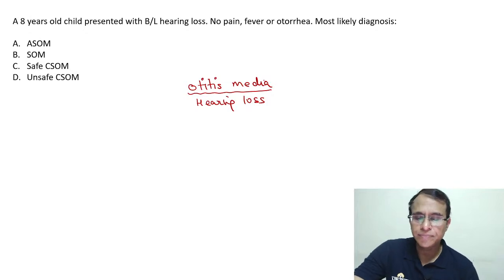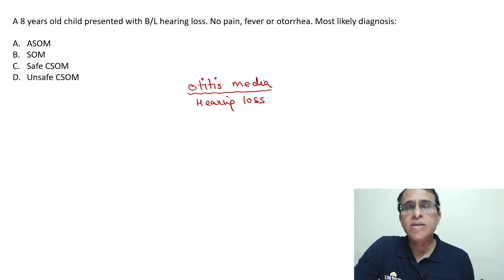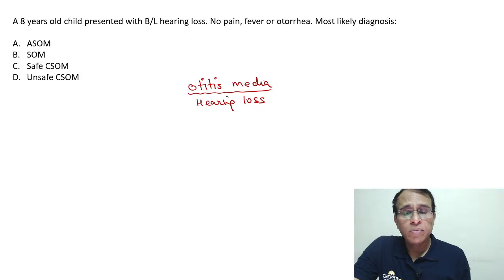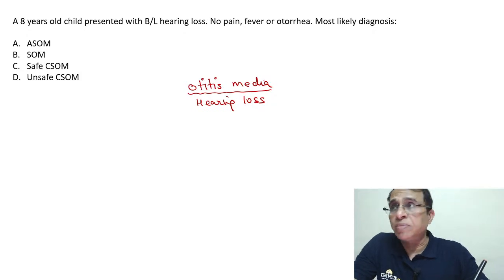In fact, in most ear diseases, hearing loss will be one of the complaints. If you know it is otitis media and the patient tells you I have a hearing loss, it gives you no other clue. Every type of otitis media will have hearing loss. So you are waiting for one more symptom. What is the next thing the patient is going to tell you?